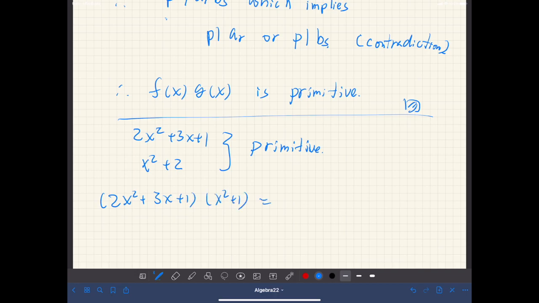If you expand this, we have 2x to the power 4 plus 3x cubed plus 5x squared plus 6x plus 2. And as we can see, this is 2, 3, 5, 6, 2, and the greatest common divisor of all these integers is 1. So therefore this is primitive.